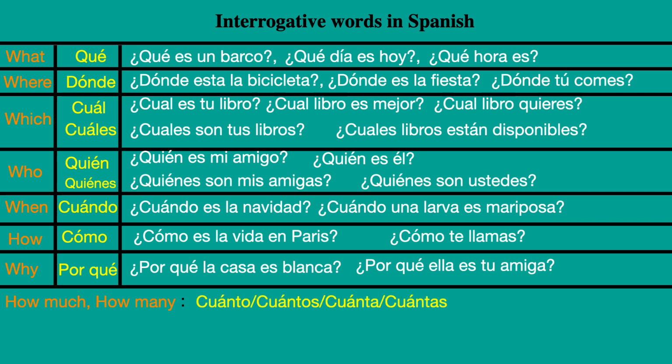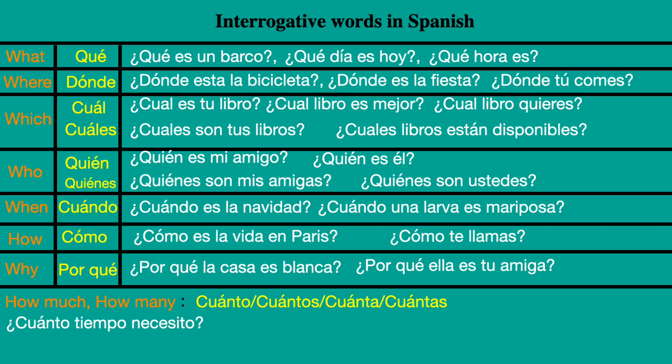So you will say cuánto or cuántos. So cuánto is for the singular, and that would be for masculine. Cuánto, only one, but is a masculine, and cuántos that would be the plural. As well, we have for the feminine cuánta, and then we have cuántas.